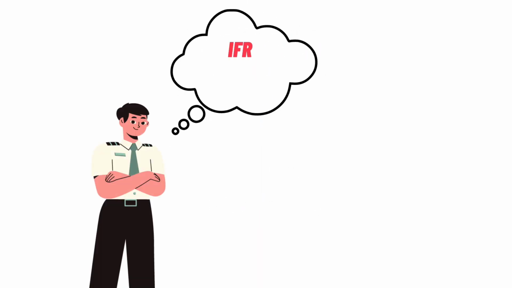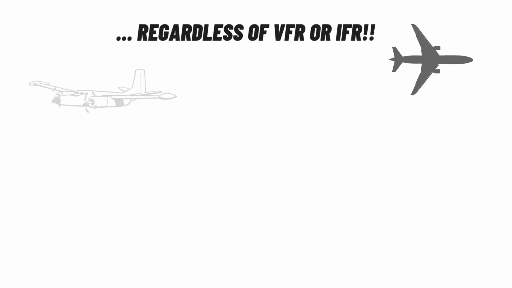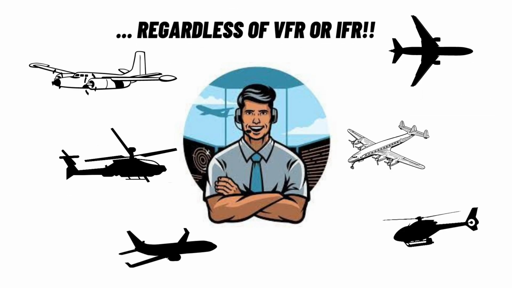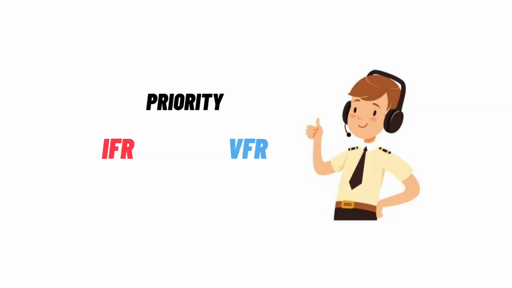The pilot must decide how to fly before the flight and submit it in the flight plan. The air traffic controller monitors all the aircraft regardless of the way of its flight. And in VFR, pilots do refer to the aircraft instruments, and even in IFR, pilots visually check the runway and flight path. Although the details are different, the basic principles for the flight to follow are the same. And neither VFR nor IFR is superior.